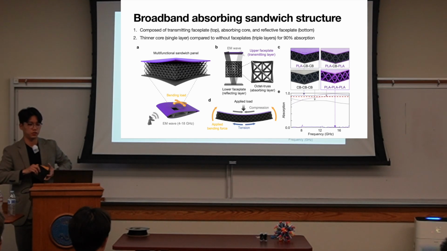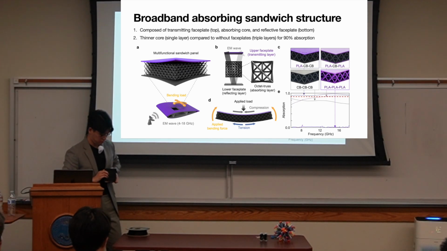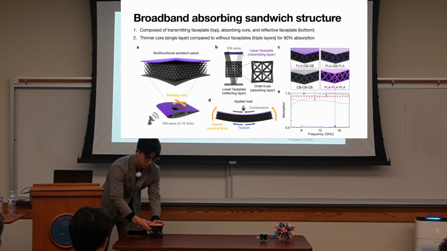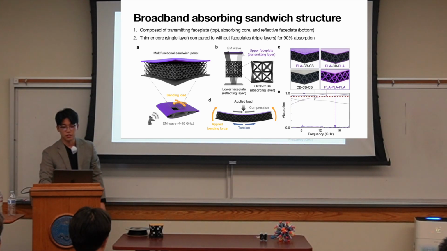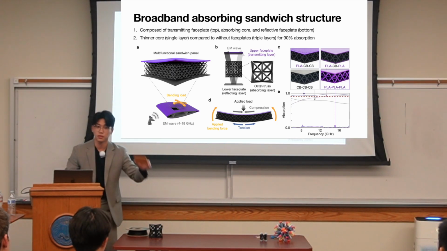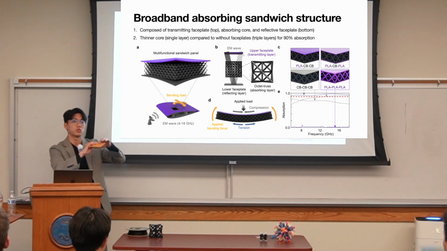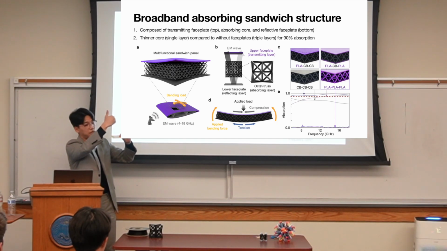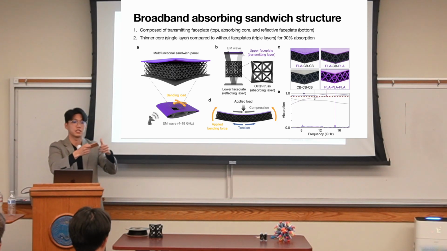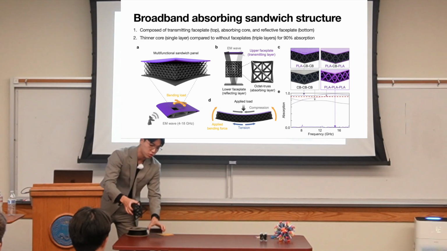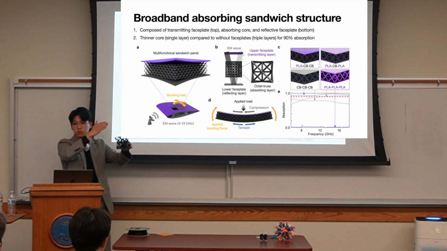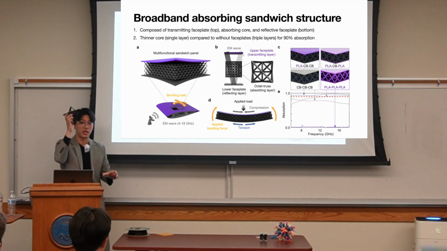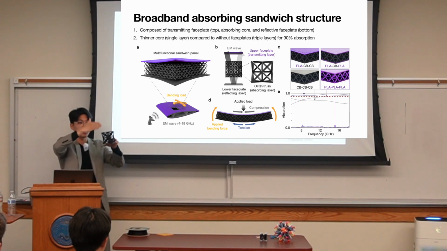We have the upper faceplate, which is this part, as a transmitting layer, which means that it is made out of polymer that doesn't do anything with the absorption, but actually lets the electromagnetic wave go through because this property is very similar to air. As the wave goes through the structure, what happens in the middle layer is that first it's being absorbed.